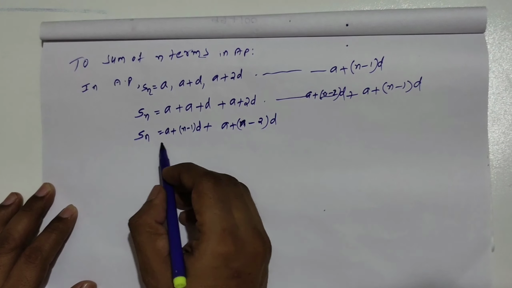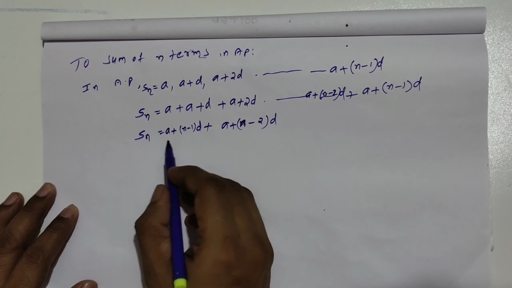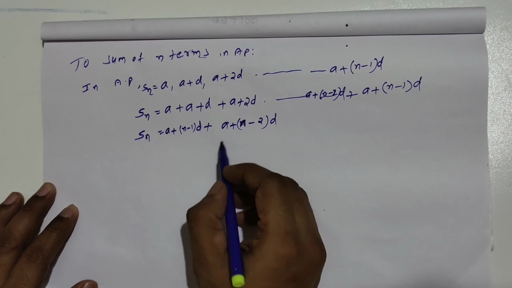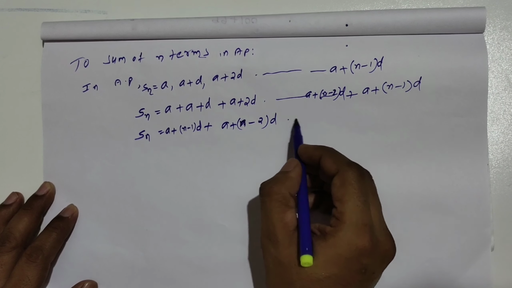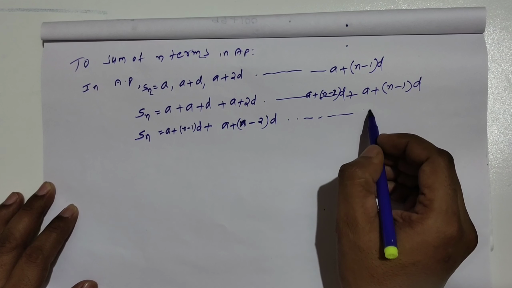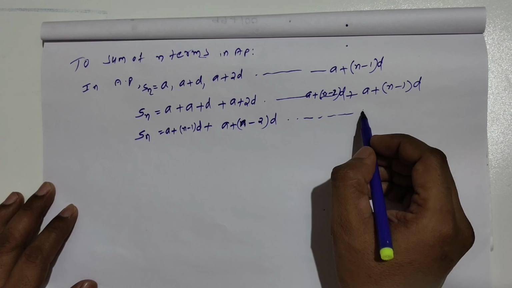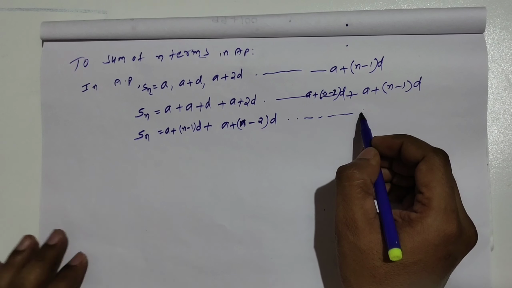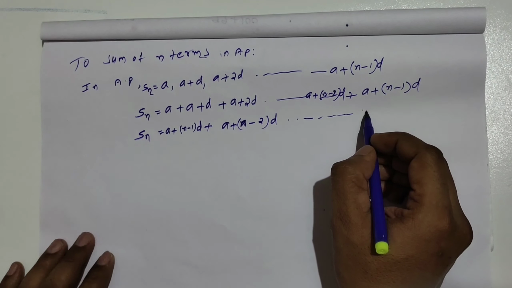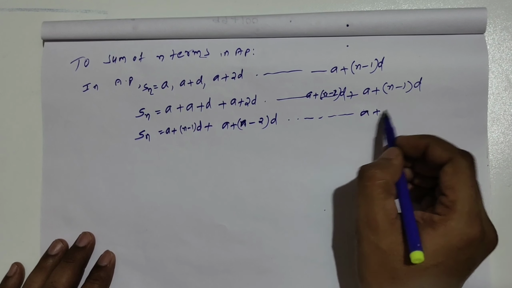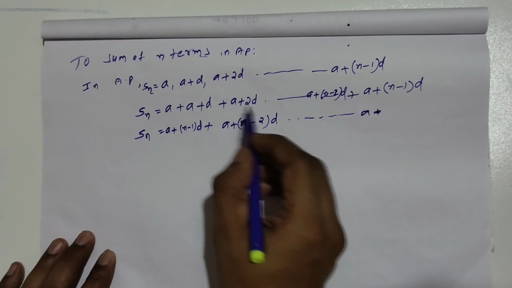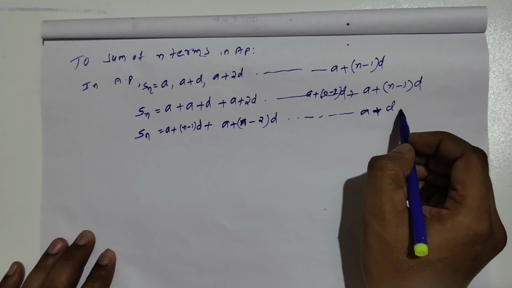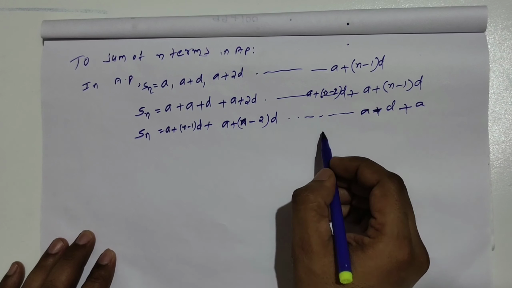So in reverse order we first write a plus n minus 1 into d, plus a plus n minus 2 into d, and so on. Here again we get the same terms, the last term being a, and before that a plus d.